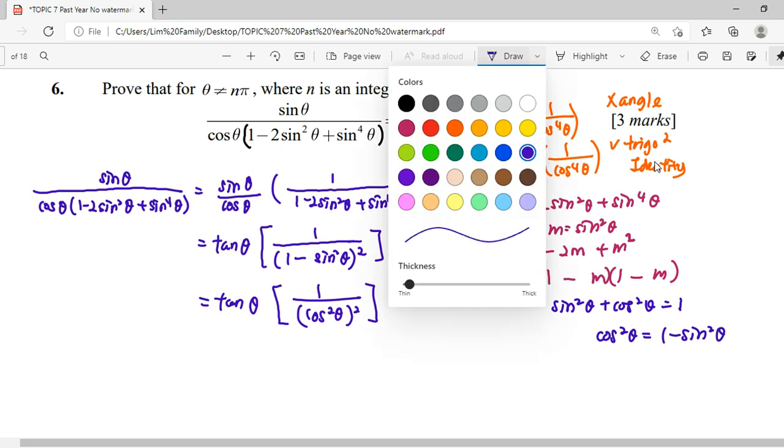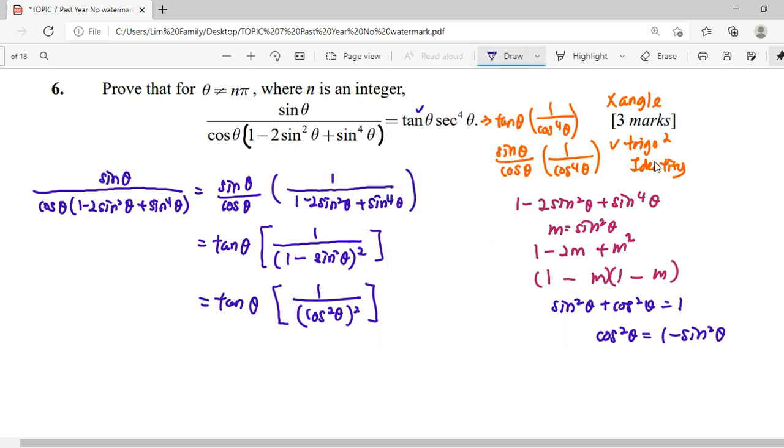So cos square and squared, finally we reach our answer already. Cos square squared will give 1 over cos power 4. This equals secant power 4, because 1 over cos is secant.